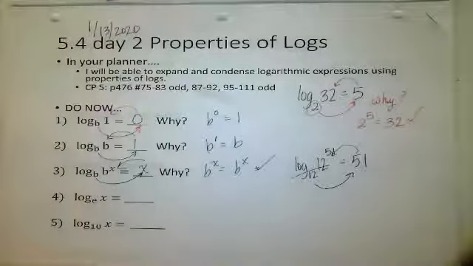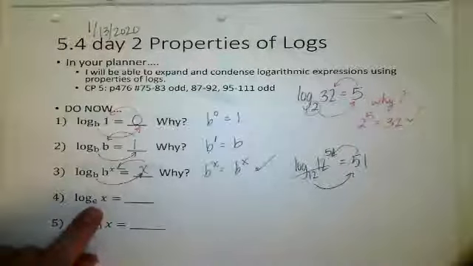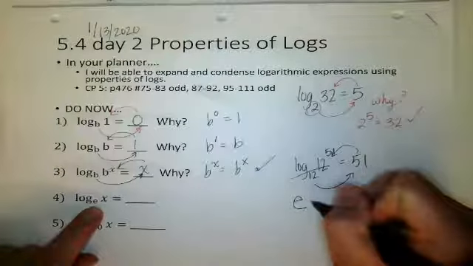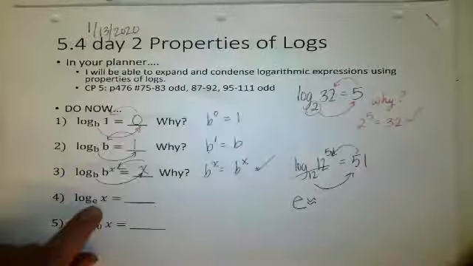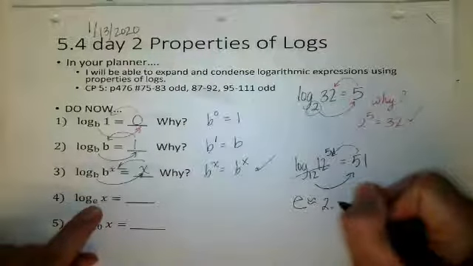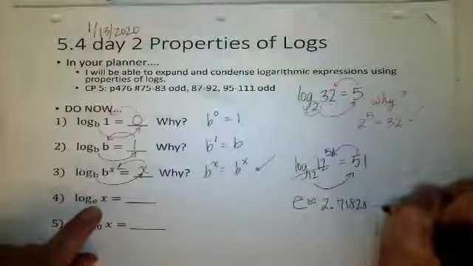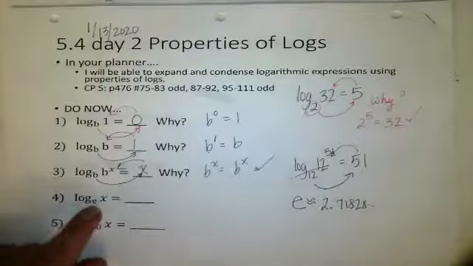So very interesting. Here we have some notation you don't know yet. So log base e. What is e? Euler's number? Not quite 3. Very good. So it's 2.71828, yada, yada, yada. Irrational number, goes on forever.